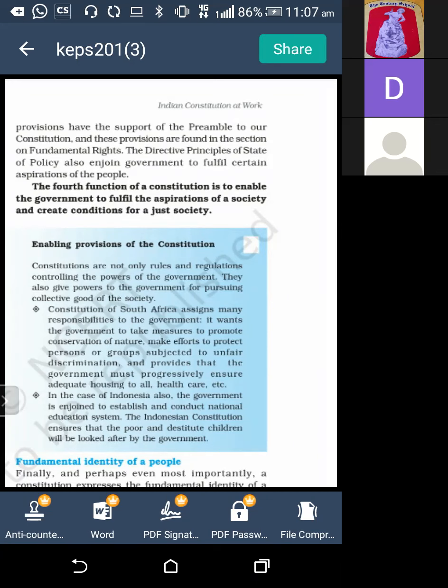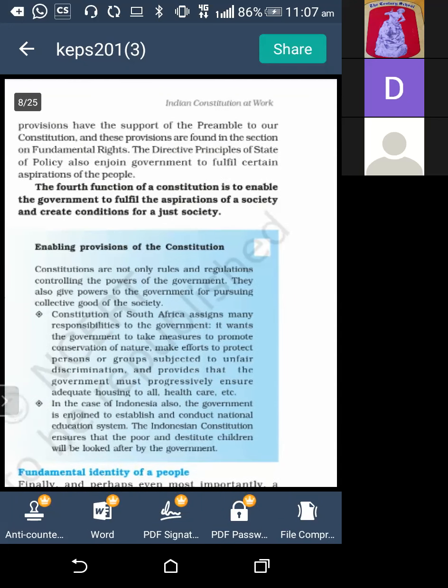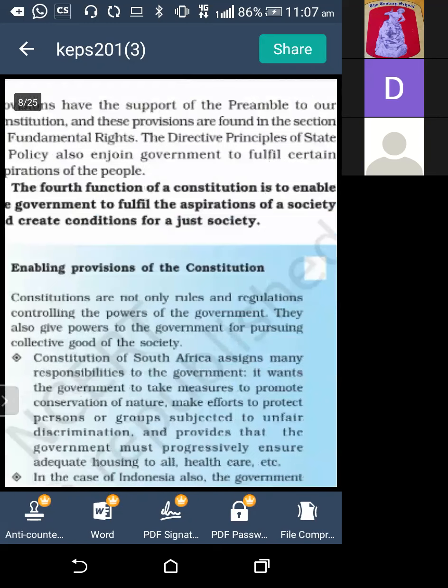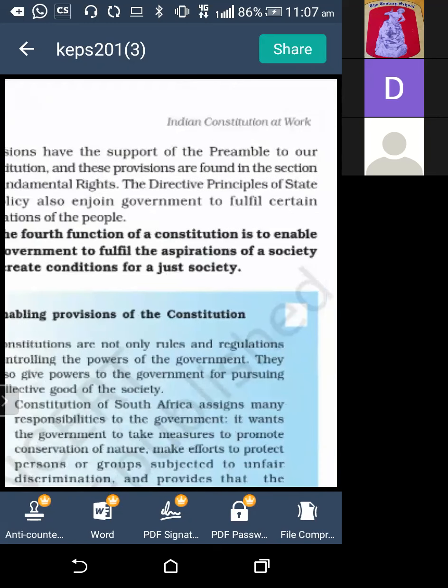So the education system should be good, the health system should be good, employment should be good. So the fourth function of the constitution is to enable the government to fulfill the aspirations, meaning, as I told you earlier, the wishes of the people. Keeping people's wishes in mind, the government should work and create a society that should be a just society, one that walks the path of justice, right?